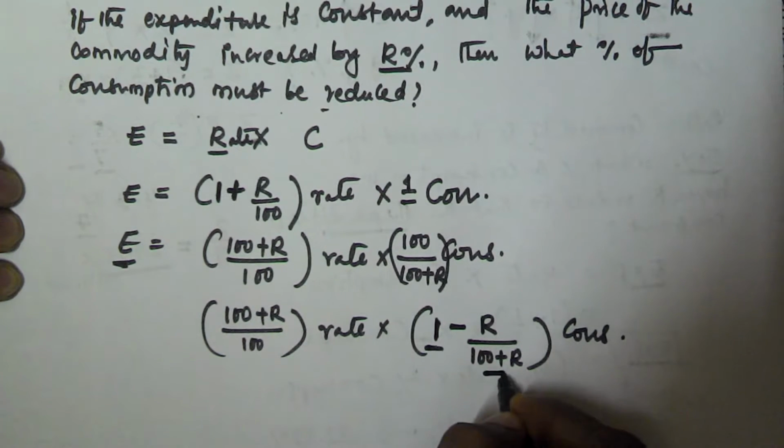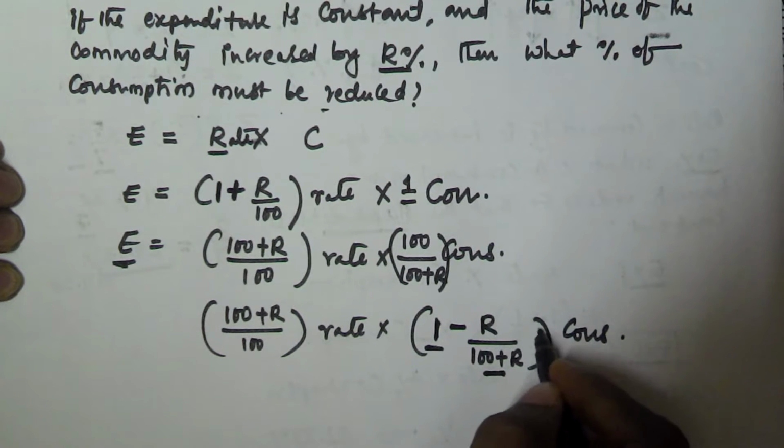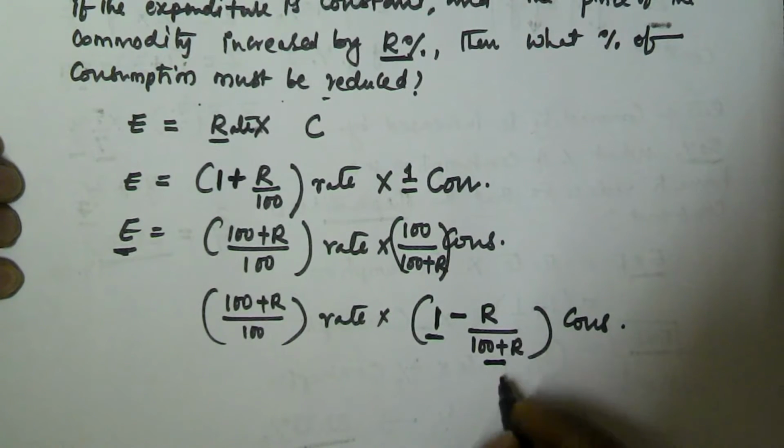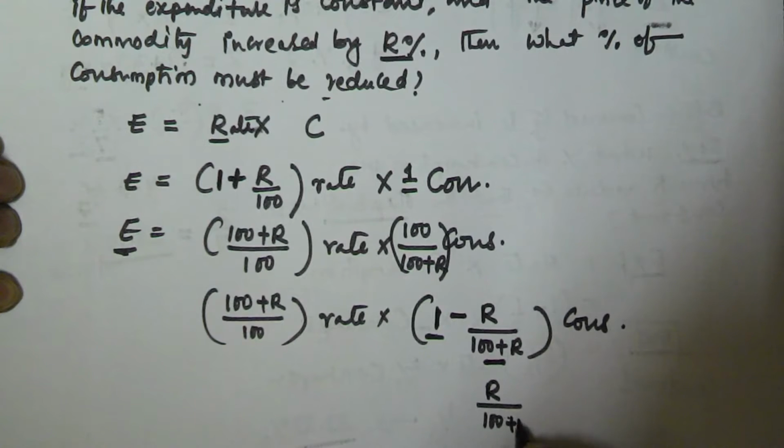So this is the fraction. To convert this fraction into percentage, we have to multiply it by 100, that is r by (100 plus r) into 100 percent.